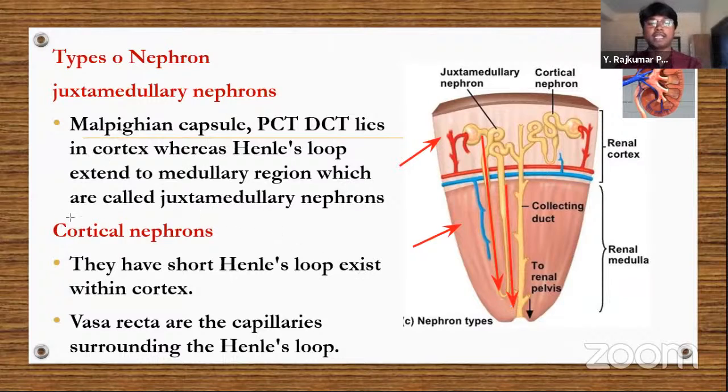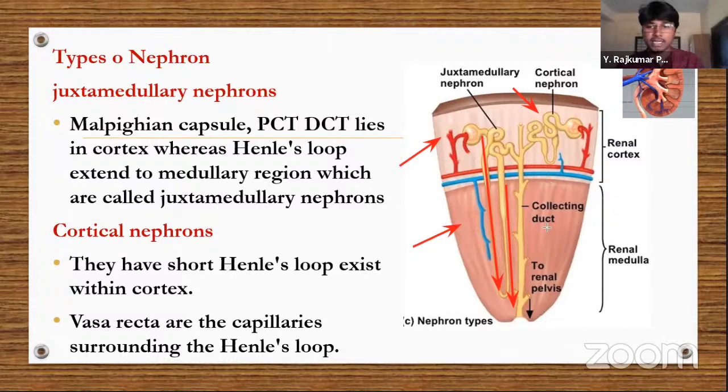The next type is cortical nephrons. Cortical nephrons are located only in the region of the cortex. You can see here, these are the cortical nephrons. They are located only in the purview of the cortex of the kidney.